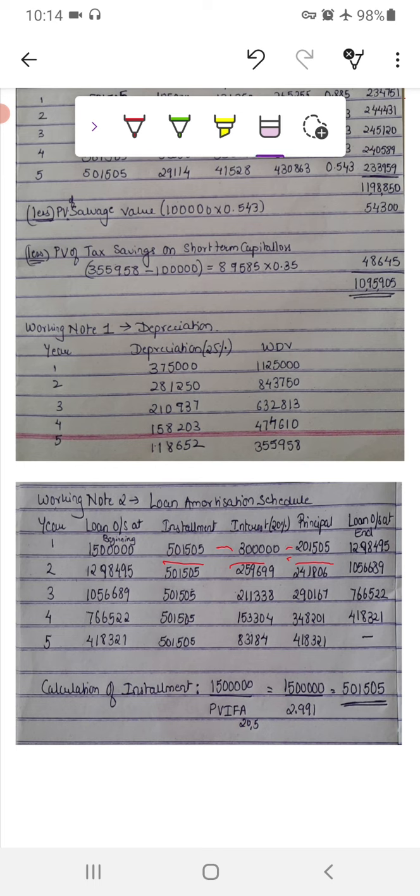Okay. Once you calculate the principal amount, the next thing that you need to calculate is loan outstanding at the end. Now loan outstanding at the end means whatever was the loan outstanding at the beginning minus the principal repayment.